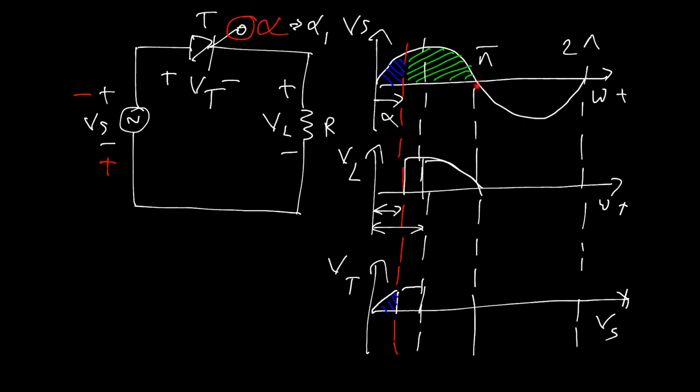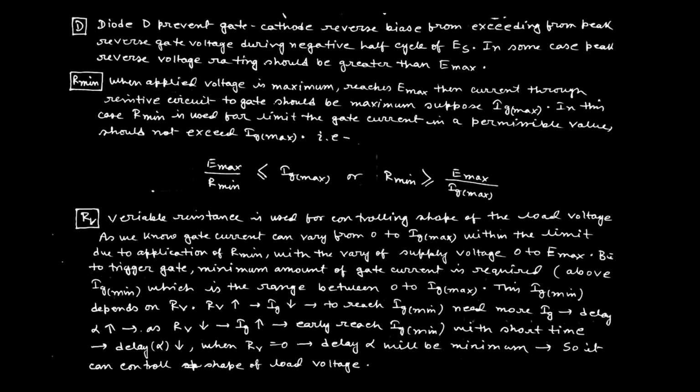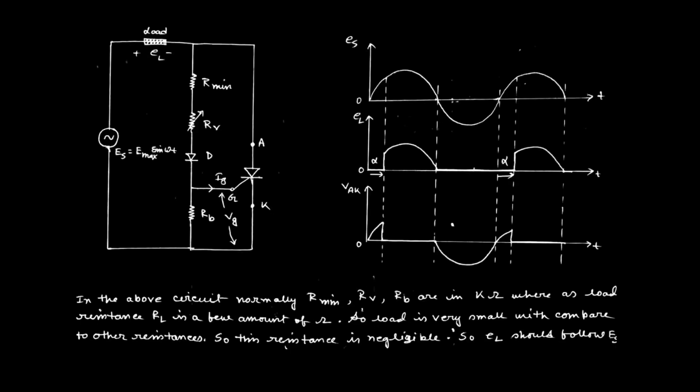After pi, when the negative biasing reaches its maximum at about 270 degrees, the maximum negative current tries to flow from gate to cathode. In that case, when the negative current, cathode to gate, tries to flow, as the diode is in reverse biasing condition, it is able to block this total reverse current. So this is the use of the diode D.